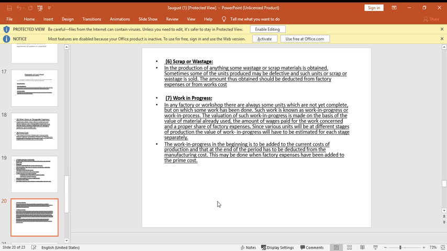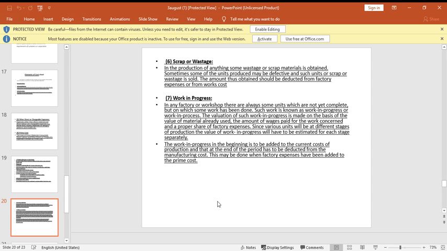The next is scrap or wastage. In the production of anything, some wastage or scrap material is obtained. Sometimes some of the units produced may be defective, and such scrap or wastage is sold.